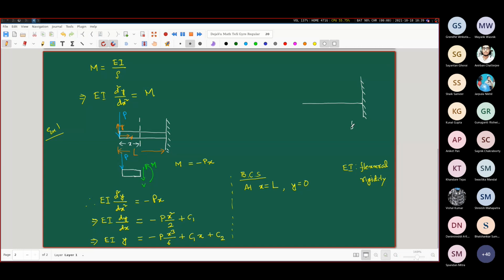So, fixed or clamped end. These are terminologies you should be familiar with: fixed, clamped, or attached. When you have these kinds of things, the deflection always occurs in this kind of a fashion.